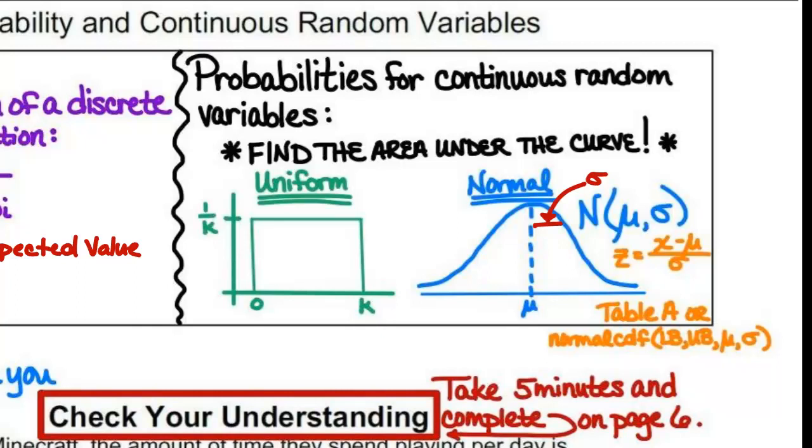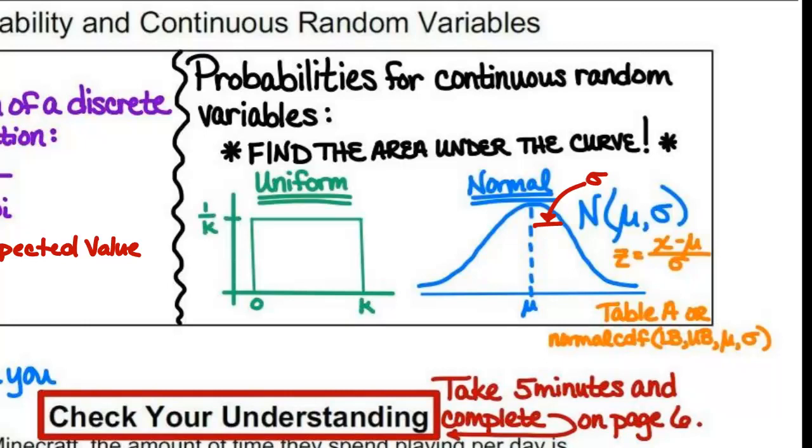Do you guys remember how to do normal CDF on the calculator? All right, let's walk through it one more time. To be able to calculate values for normal distributions, stat, oh, hold on.